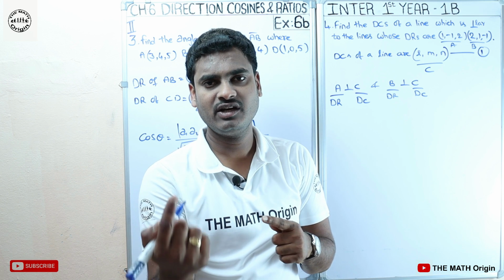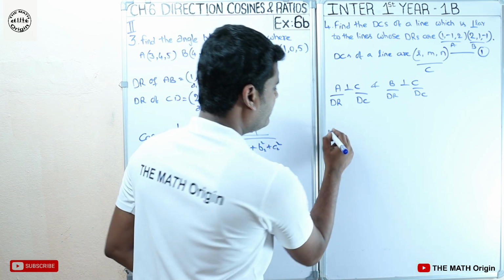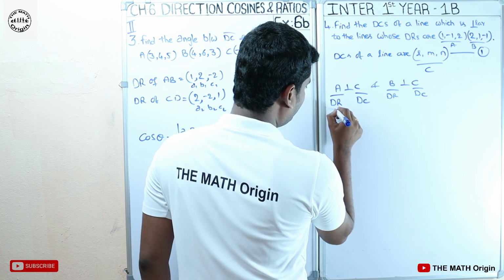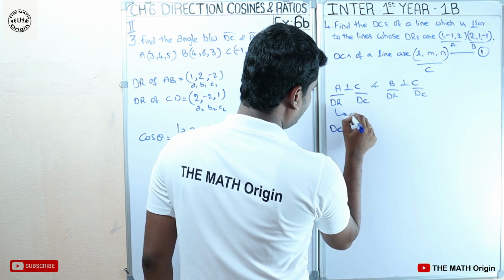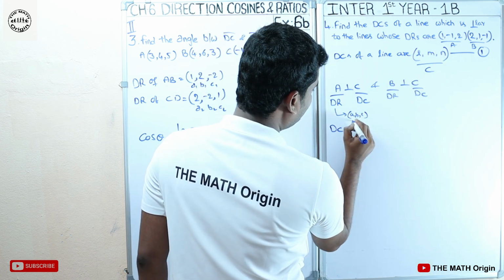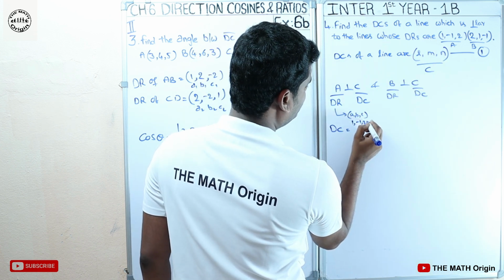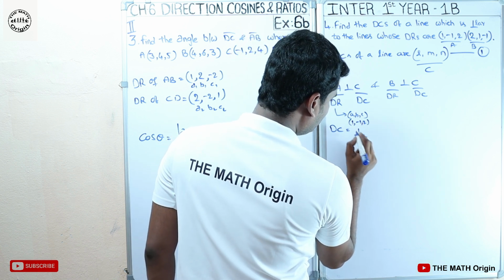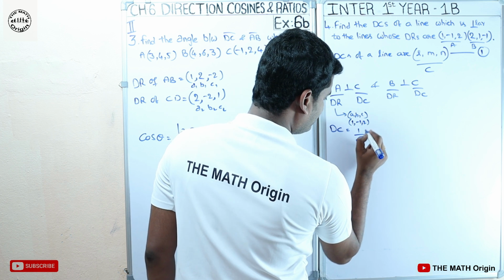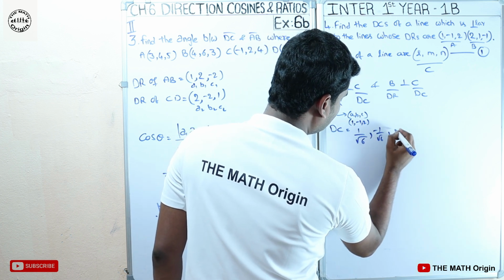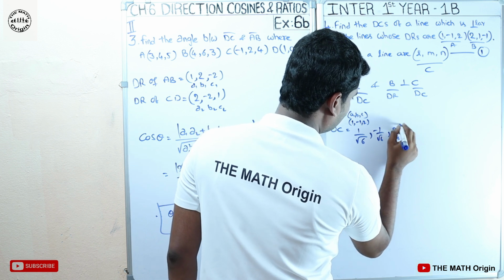From DRs we can find out DCs, right? For A the values are 1 minus 1 2 because they are DRs, so the DCs will be 1 by root of 1 square plus minus 1 square plus 4, which is root 6, next minus 1 by root 6, next 2 by root 6.